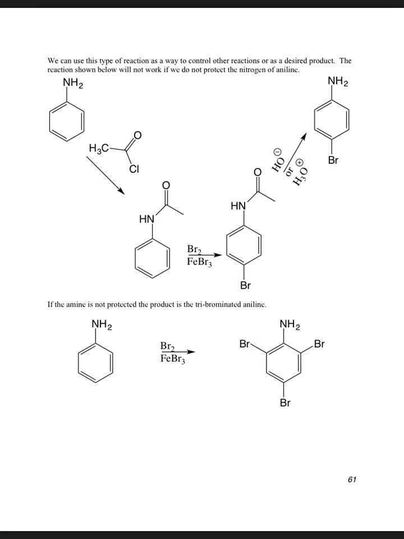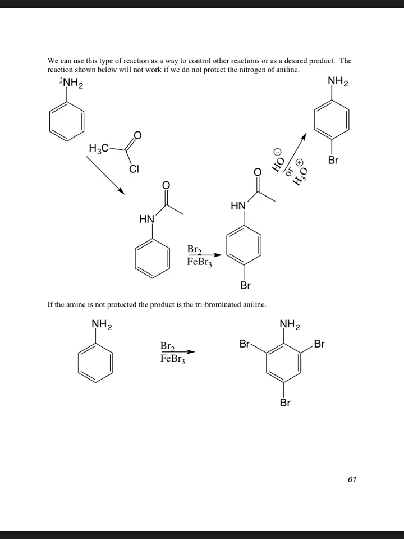We can do this as a protecting group on the ring, or maybe not a protecting group, but to slow down the reactivity, because if we have an aromatic ring, we know aniline is very reactive because the lone pair on the nitrogen can only be sent into the ring. It's not delocalized any other way.